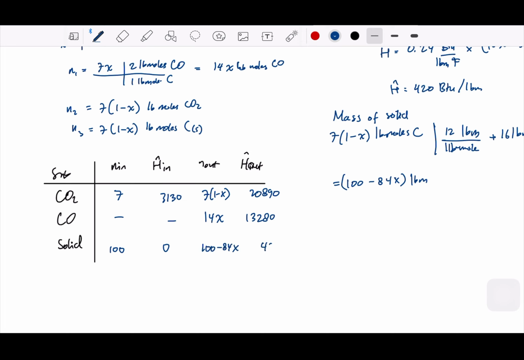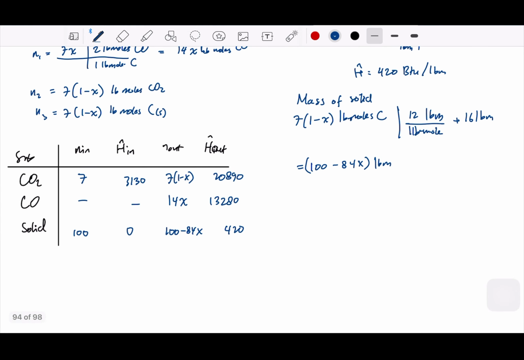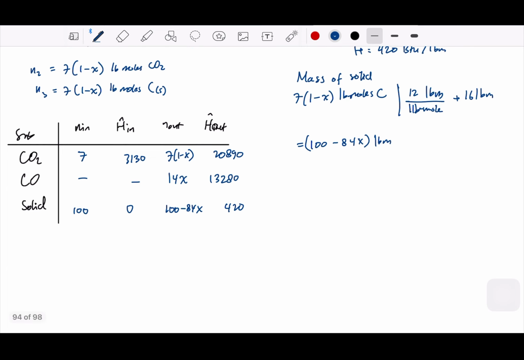From all this calculation, we are going to look for x. x is the conversion, how much of the coke we are converting into our product.